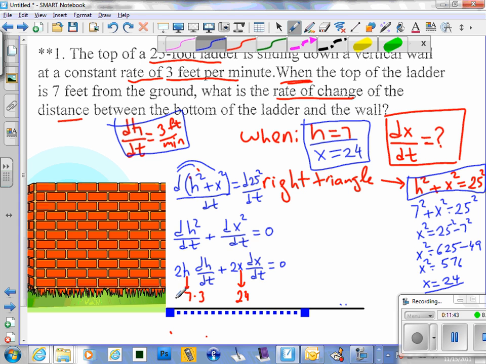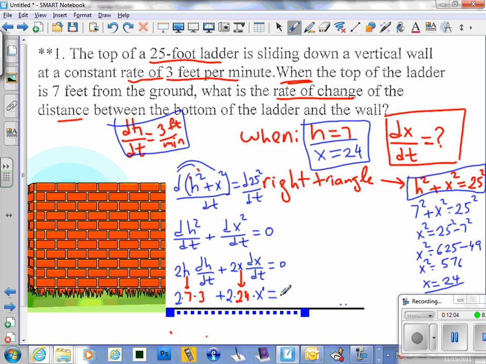So 2 is here, from the derivative of h squared, plus we have another 2 here, coming from x squared, 2 times the derivative of x, and let me use this simple notation, x prime, equals 0. Do you know what?